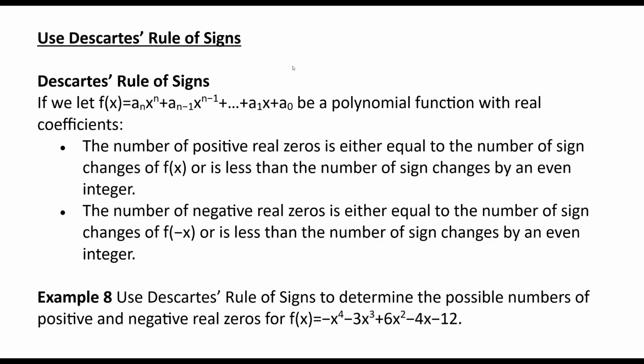So again, if you plug in negative x and look at your sign changes, if there were 4, then it could be 4, it could be 2, it could be 0. So the easier thing is if there's an odd number, you know you're going to have at least one of that type.